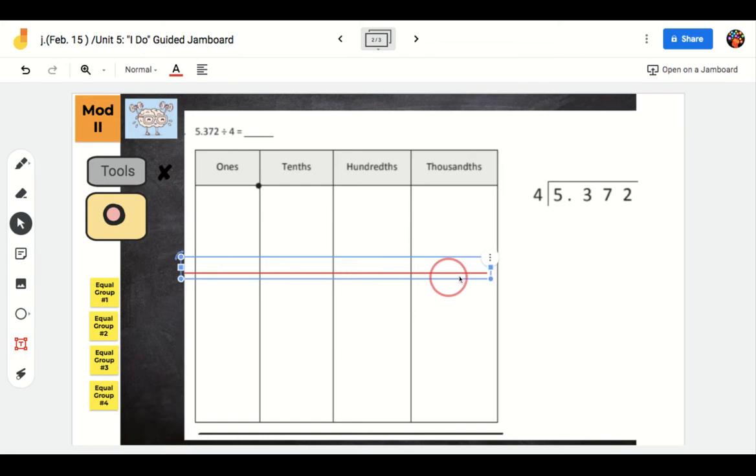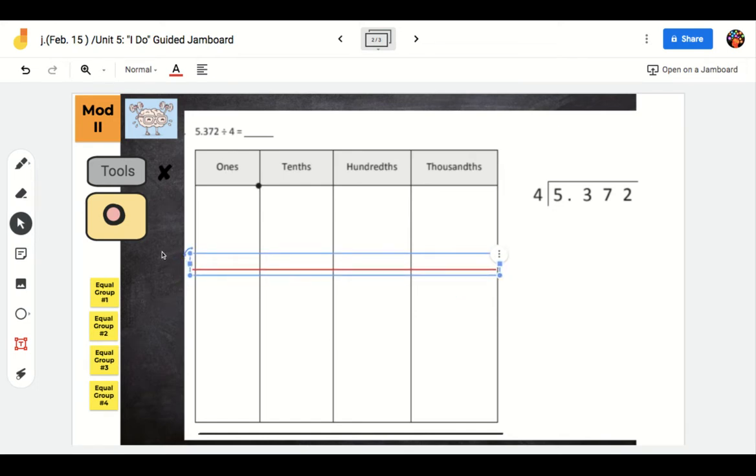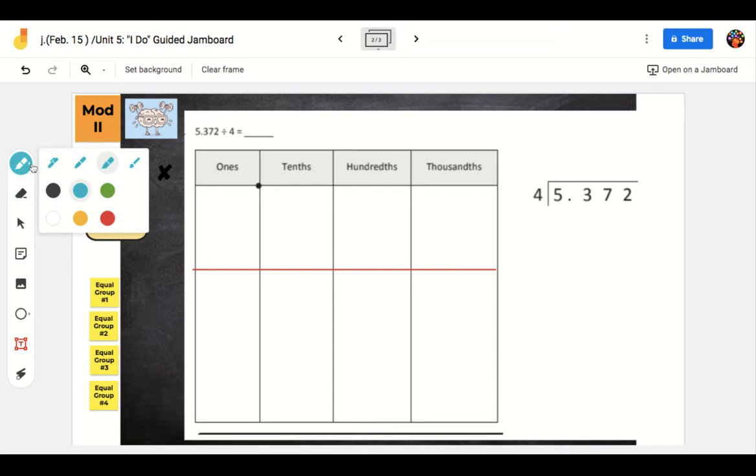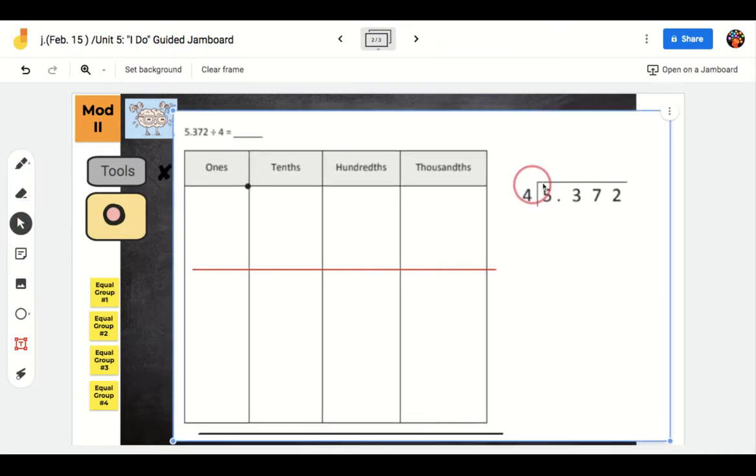Let's look at this. Oh yeah, this is now you're in prime time. You're in the major leagues now. Why? Because Mr. Hughes is showing you your divisor is 4.